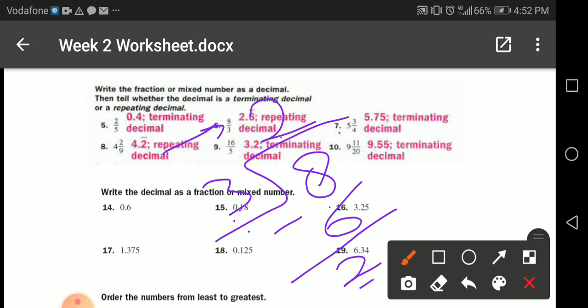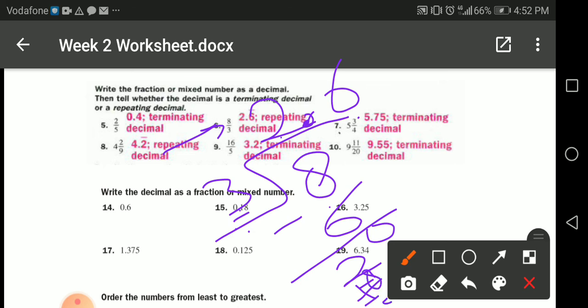2 divided by 3, no, it can't be. Put the decimal point and put the 0. 20 divided by 3, the nearest thing is 18, so 6 times 3 is 18. Put 6 here. And then the answer of the subtraction is 2.